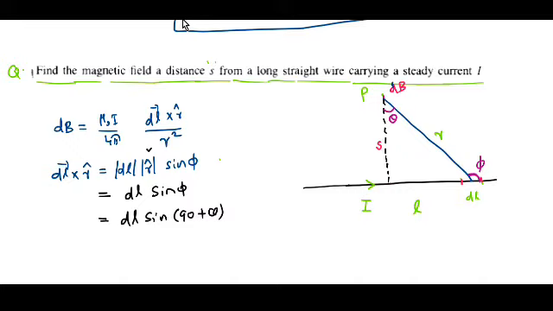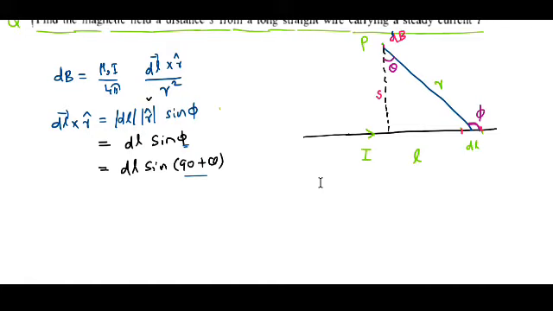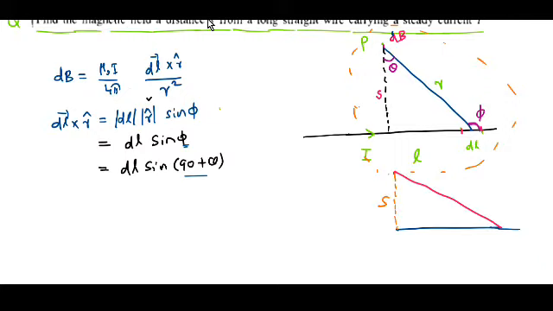Okay, I will tell you how I can write this phi as 90 plus theta. For this, you consider this picture. This I redraw, this segment here. That is, here we have the distance vector, the distance s, and the length element makes an angle phi. Okay.